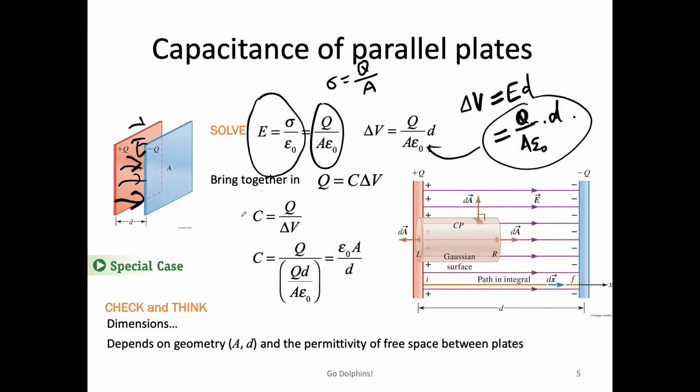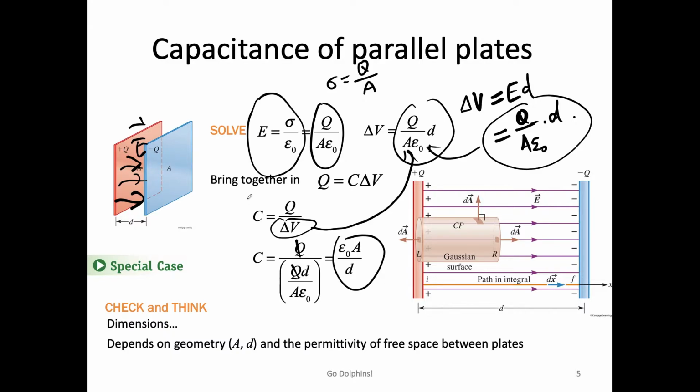C is by definition Q over the potential difference between the two plates. So I keep Q here and replace delta V by this expression, and I cancel Q in the numerator and the denominator. I get my capacitance for a parallel plate capacitor: epsilon 0 A over D.